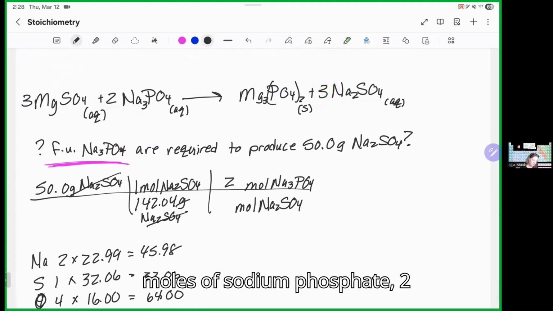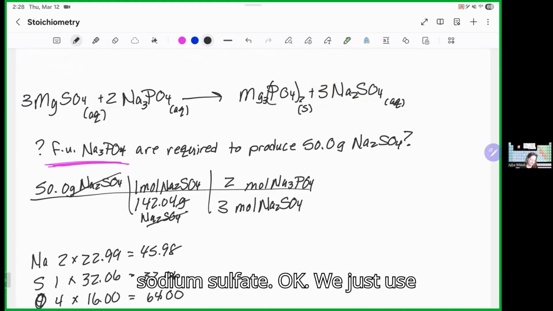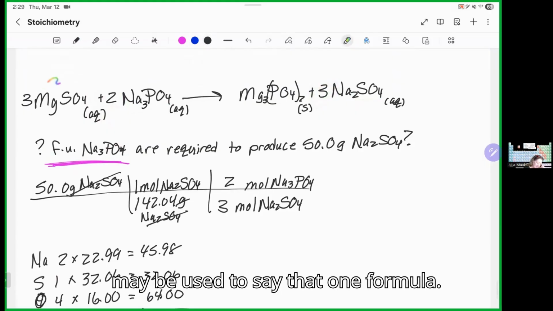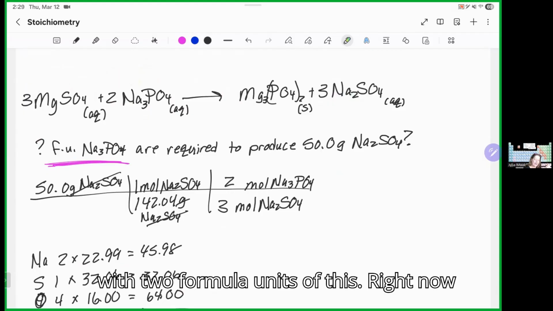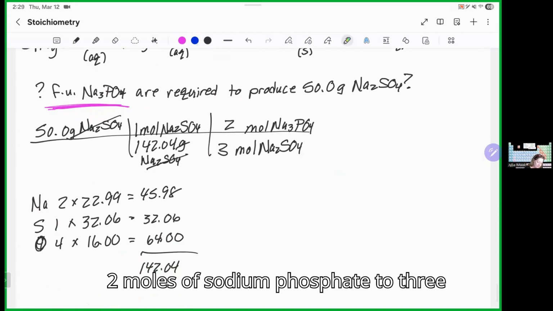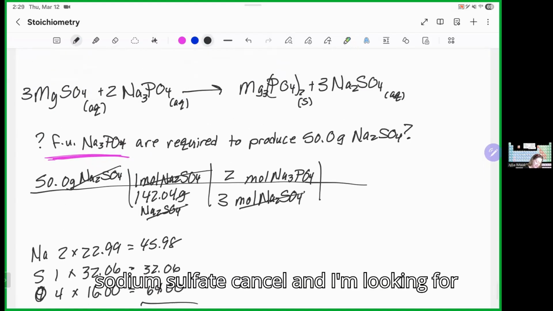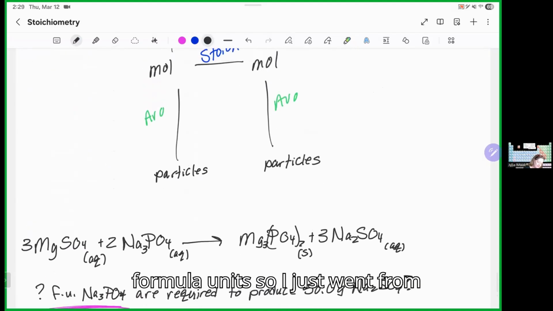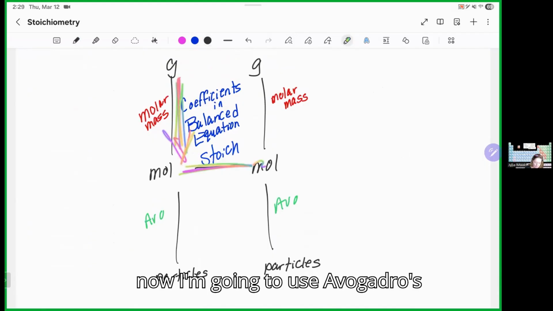So 2 moles of sodium phosphate to 3 moles of sodium sulfate. We just use the coefficients in the front, because we may be used to saying that 3 formula units of this reacts with 2 formula units of this. Now we're saying moles. My moles of sodium sulfate cancel. And I'm looking for formula units. So I just went from grams to moles, moles to moles.